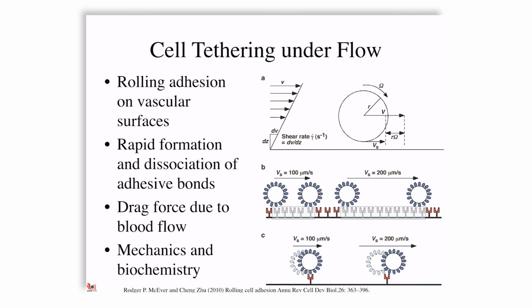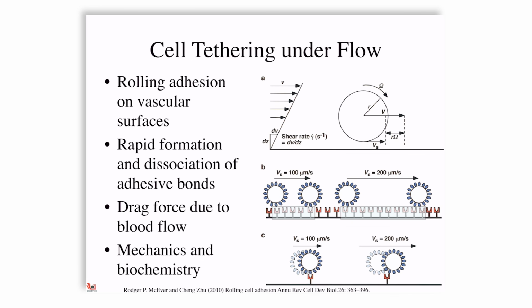The process by which leukocyte rolling motility occurs involves a range of velocities that are interspersed between hundreds of microns per second to 200s of microns per second.